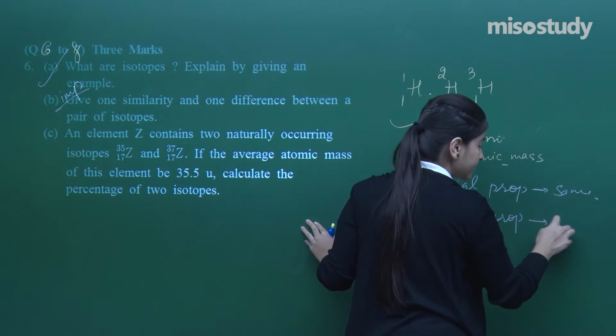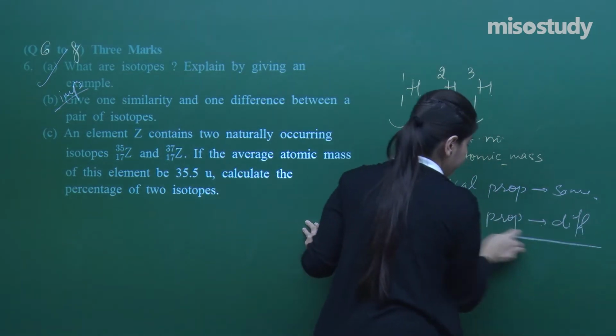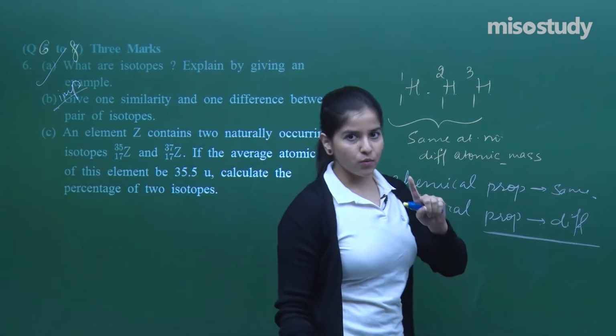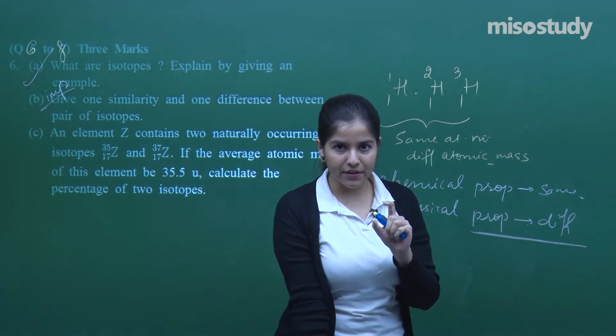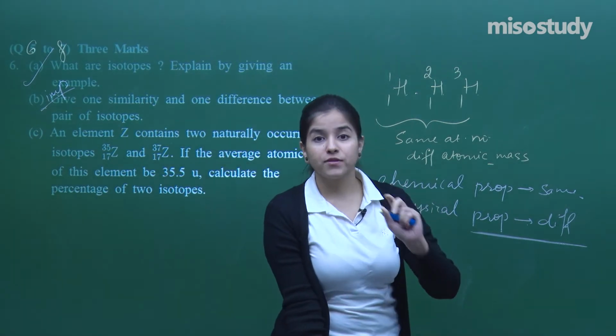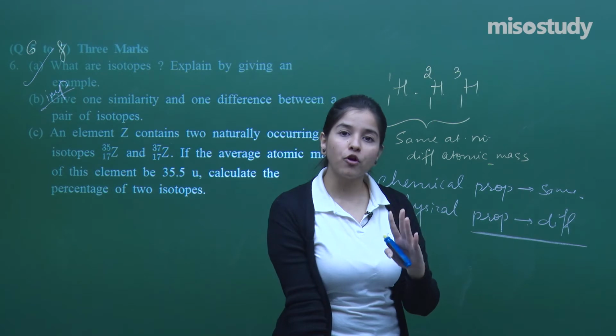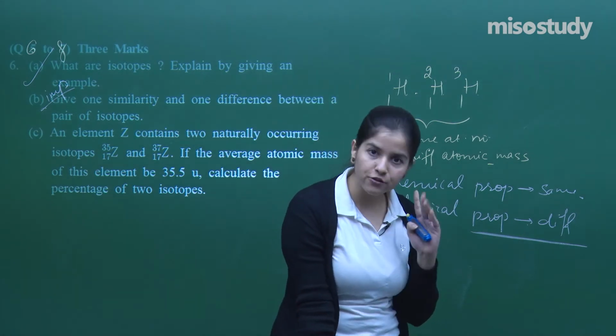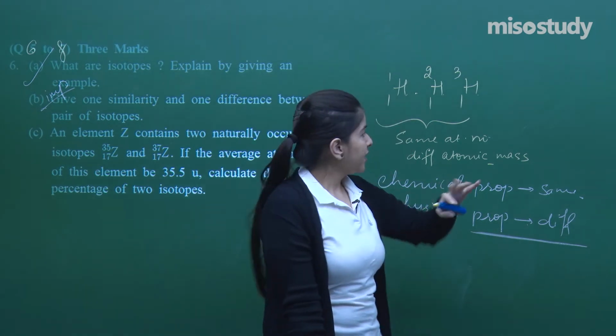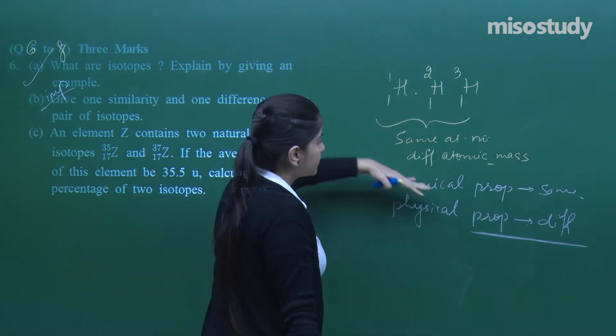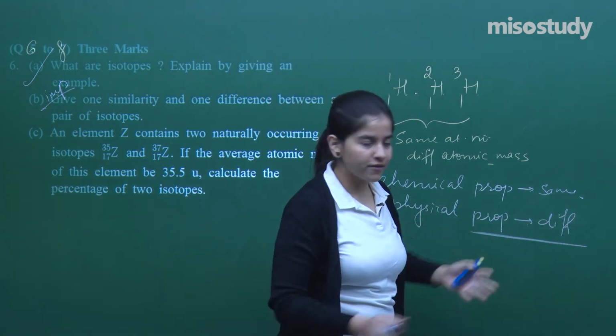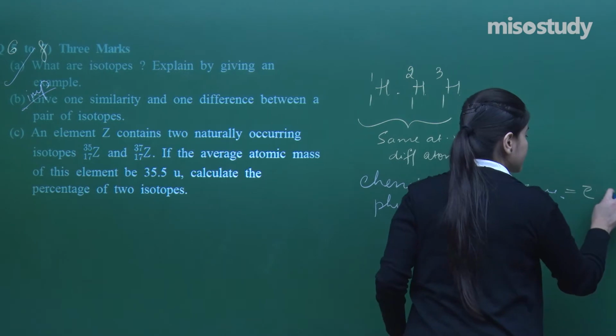How and why? Whenever a chemical reaction is happening, only and only the electrons are involved. Making and breaking of bonds is associated with the electrons. Since the electrons are the same over here, the chemical properties are also the same.